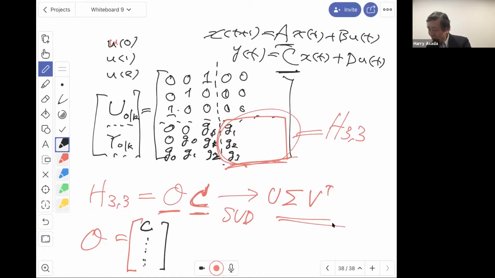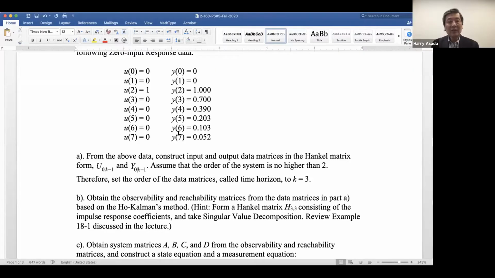So once you determine the observability matrix, you can determine C, and from the controllability matrix you can determine the vector B. An additional method is needed to complete this assignment, but there are things you can do to determine the ABCD matrices.